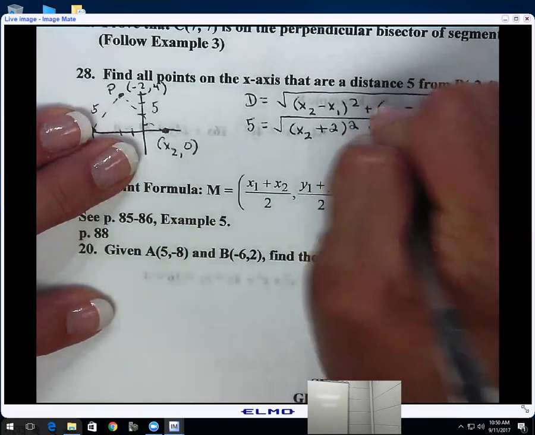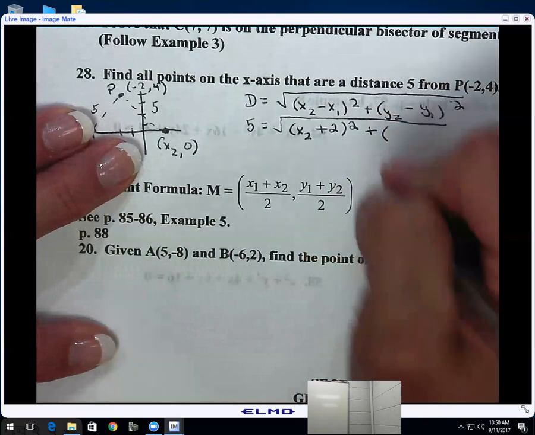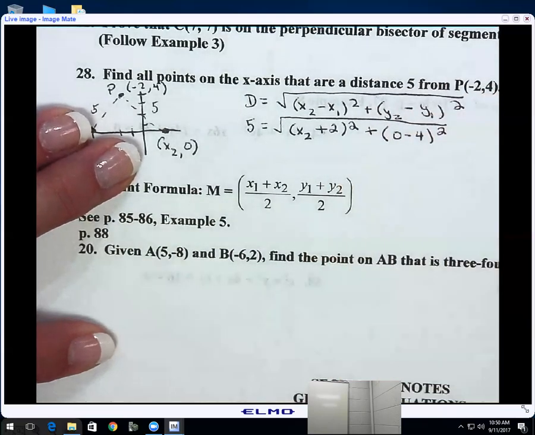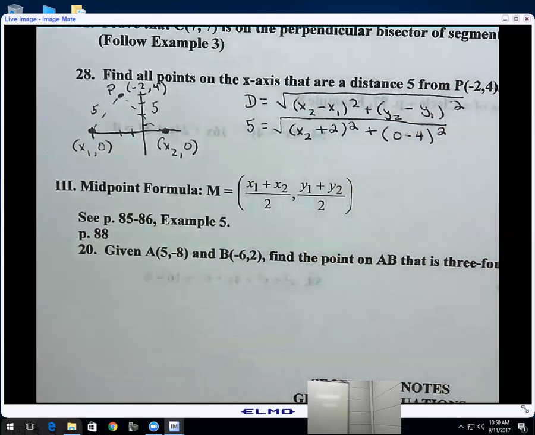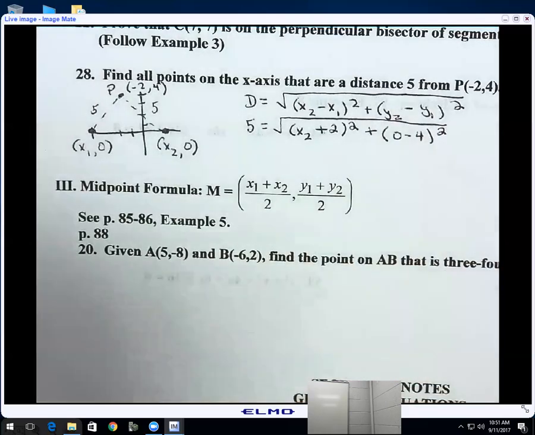And the difference in the y's would be what? 0 minus 4. Does it matter whether I say 0 minus 4 or 4 minus 0? It does until I square it. When I square it, it won't matter in which order I subtract, because positive 4 squared is 16 and negative 4 squared is 16.